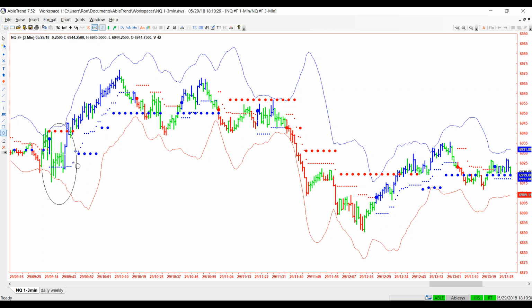This is a futures trade market right here, David. That's what most of our clients use: they day trade the futures market. Doesn't mean Able Trend works better for that, because quite frankly, it works exactly the same, equally well for stocks, futures, and Forex, equally well for short-term, scalping, swing trading, and long-term.